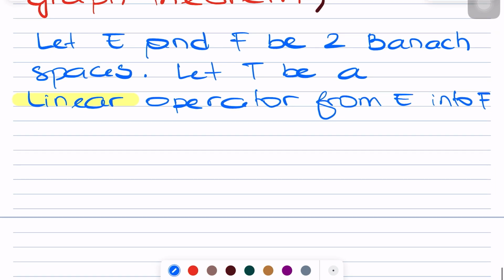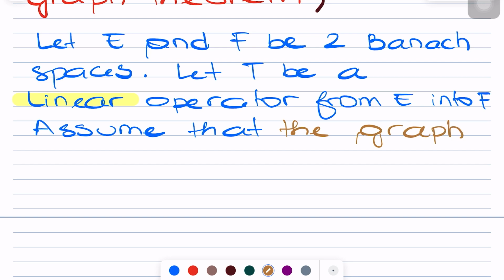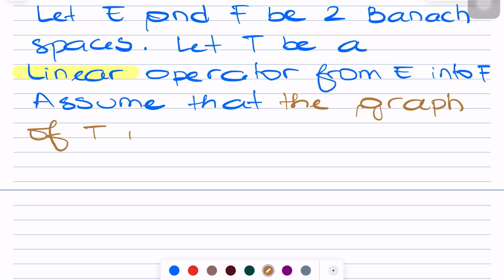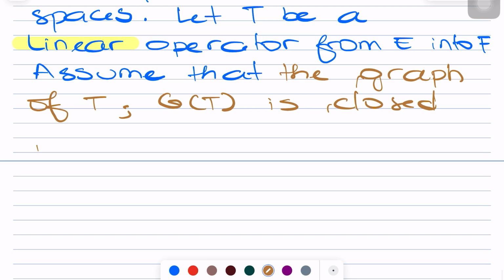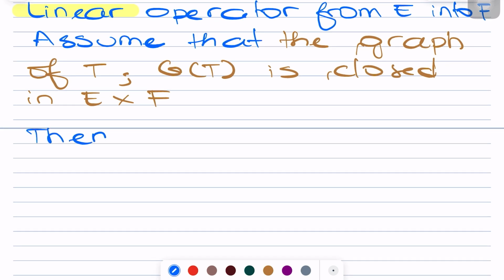So assume that the graph of T, that we will denote G of T, is closed in the Cartesian product E times F. Then T is continuous.